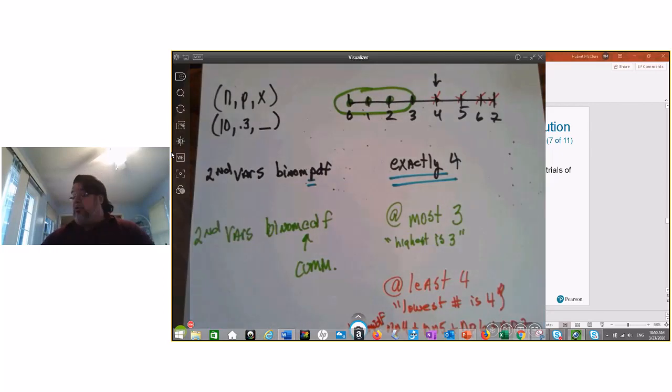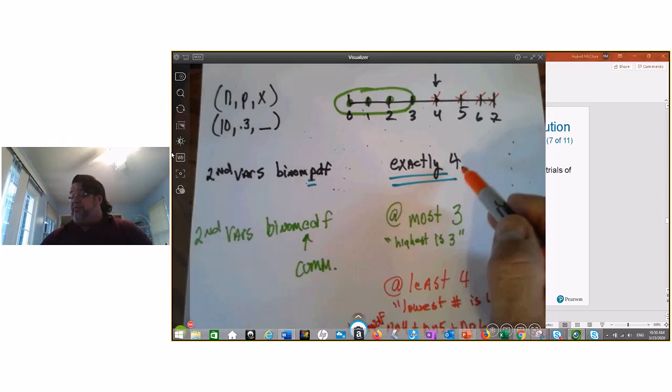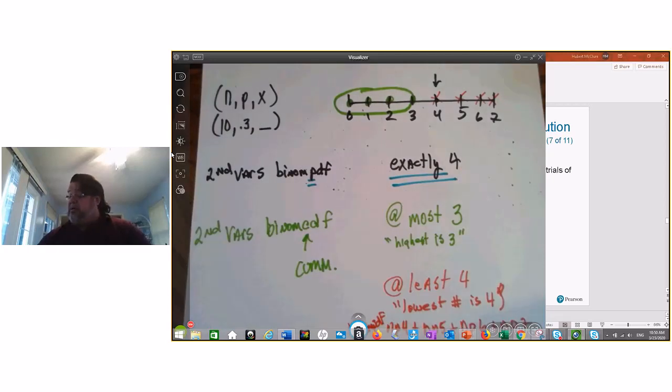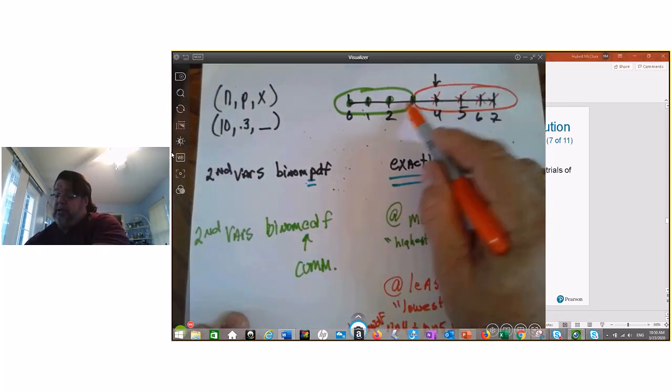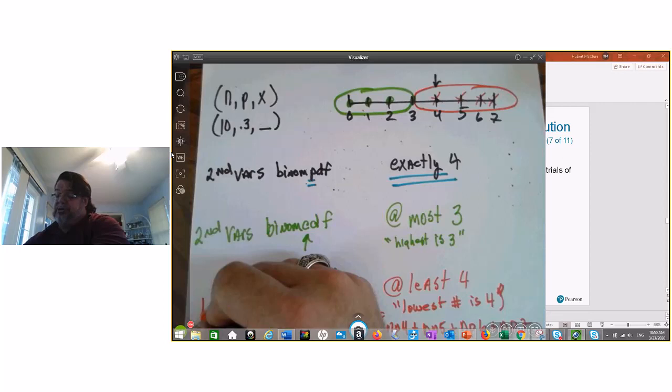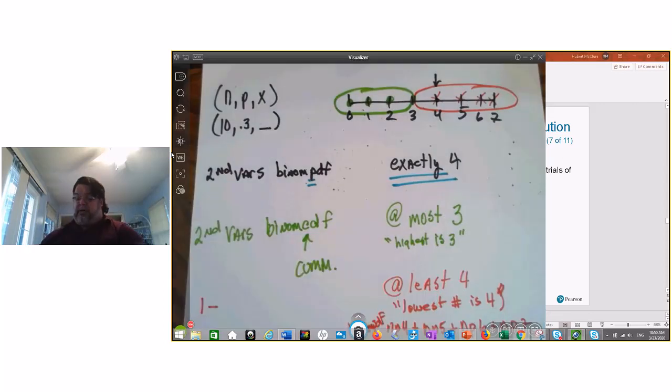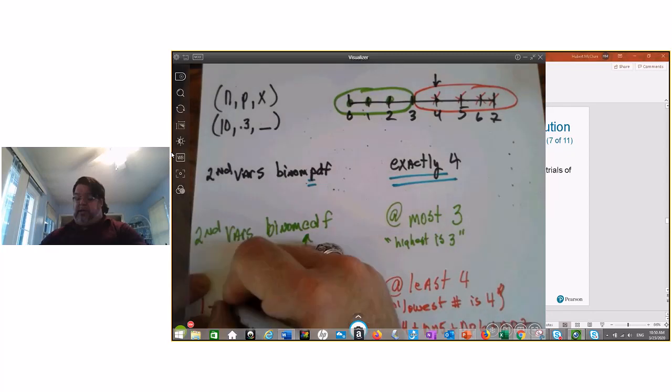Well, you'd only have to do it 3 because you got exactly 4 with the first one. And then you'd have to type in 10, 0.3, and 5, get that one, then 10, 0.3, and 6. Or you could get the complement of the green, 1 minus the complement of the green. And that's another way. And you're going to see this in just a minute.